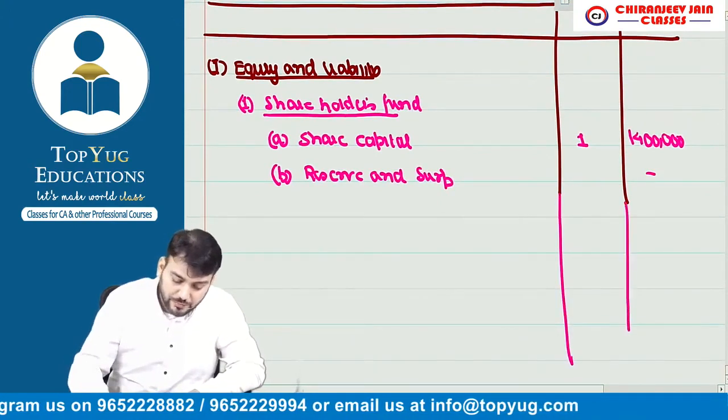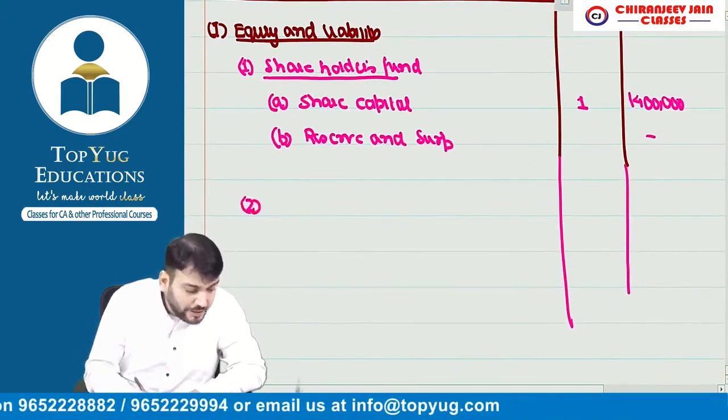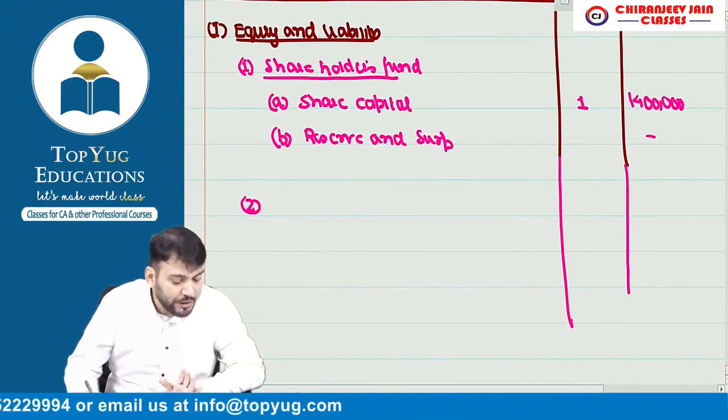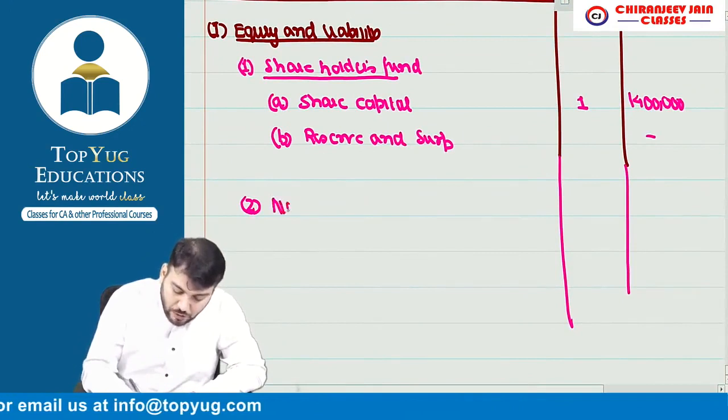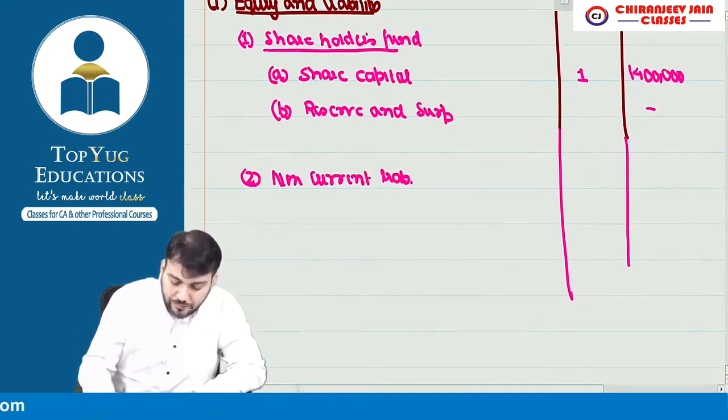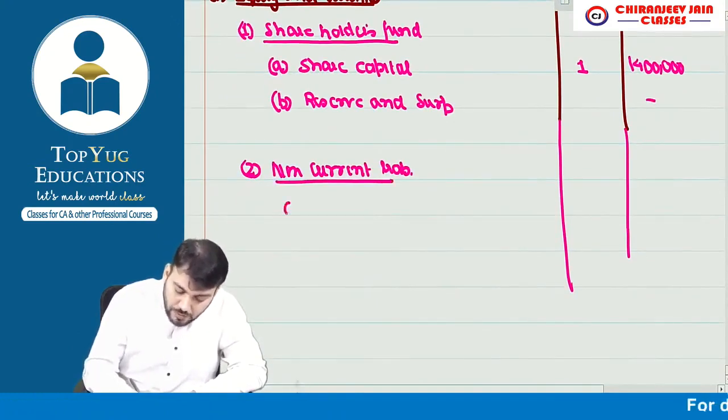Yes sir. Point number 2, can I say debenture will appear? Yes sir. So non-current liability, it is a long-term borrowing.